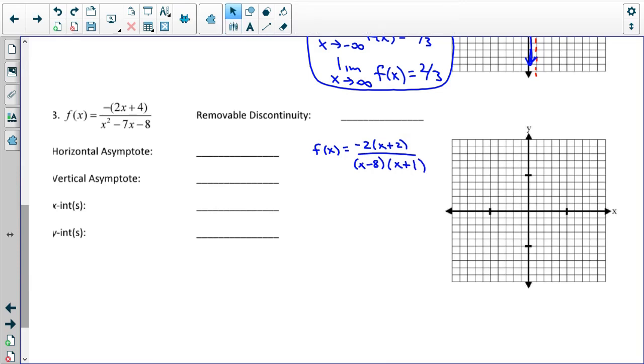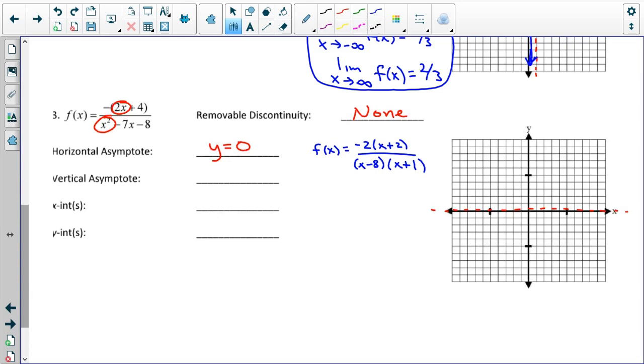So no values of the denominator cancel off with the numerator, so there are no holes. There's no removable discontinuity. The horizontal asymptote is going to be y equals 0 again, because the power in the denominator is greater than the power in the numerator.